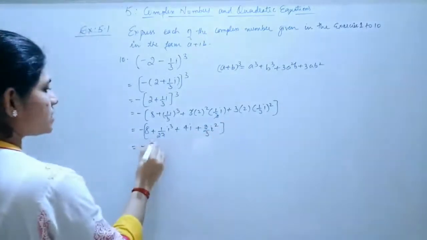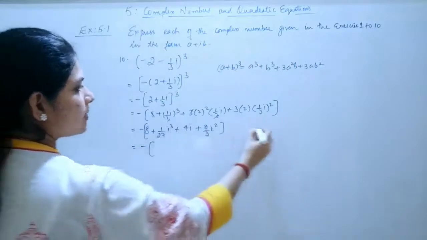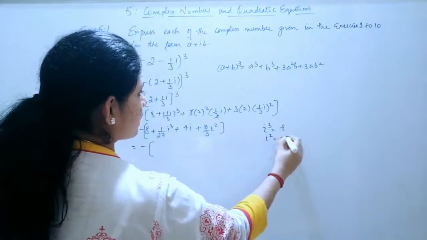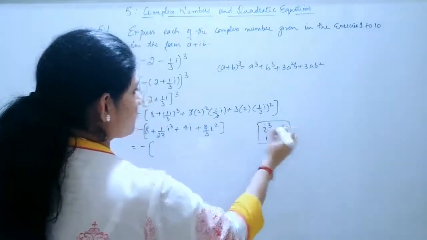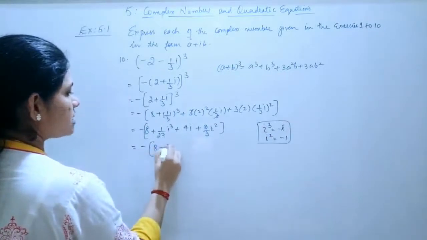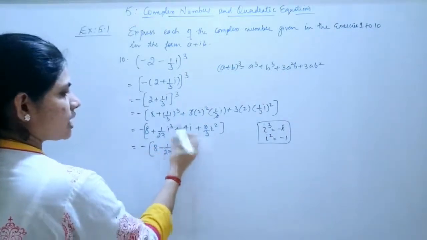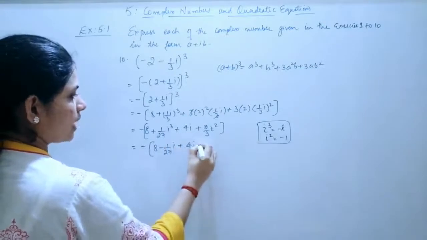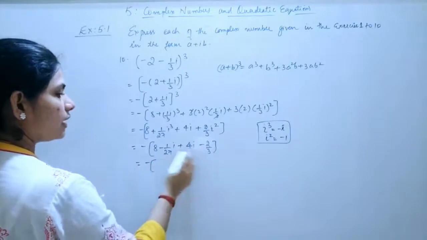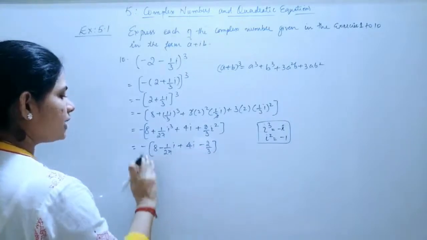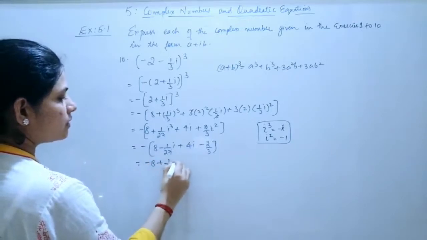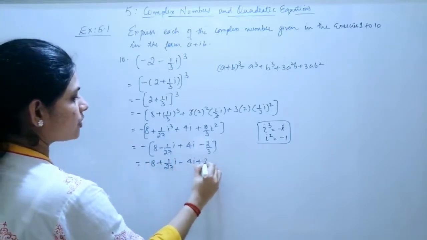Okay, so negative of, now you can just replace the value of i cube with minus i and i square with minus 1. So what you will get here, this will become 8 minus 1/27 i, because i cube is minus i, plus 4i minus 2/3, which is minus of, now we will just give the negative sign inside, so that this becomes minus 8, second one will become positive, third one again negative, fourth one positive.